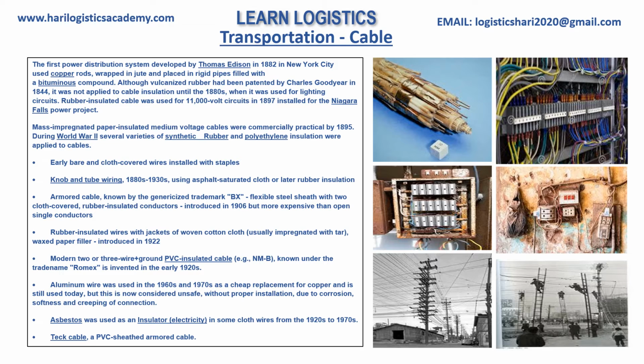Aluminium wire was used in the 1960s and 70s as a cheap replacement for copper and is still used today, but this is now considered unsafe without proper installation due to corrosion, softness and creeping of connection. Asbestos was used as an electrical insulator in some cloth wires from the 1920s to 1970s. Tech cable, a PVC sheathed armored cable, was also used.